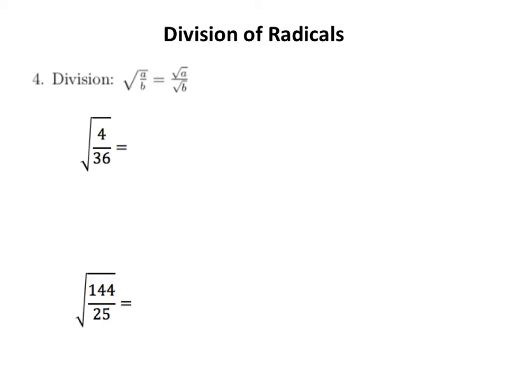So I cannot divide 4 by 36, so I'll just say square root of 4 over square root of 36. And the square root of 4 is 2. Square root of 36 is 6. From there, I can simplify this. 2 over 6 is equal to 1 over 3.